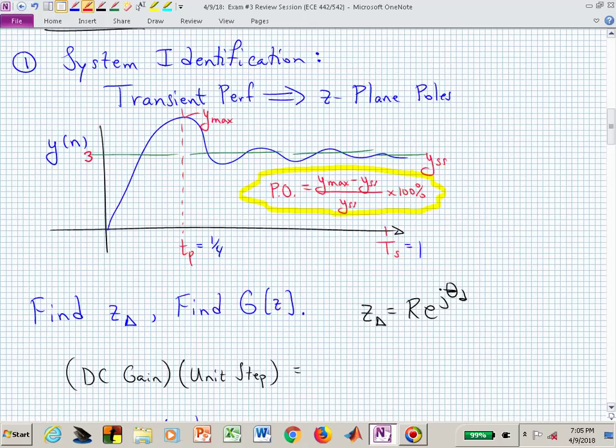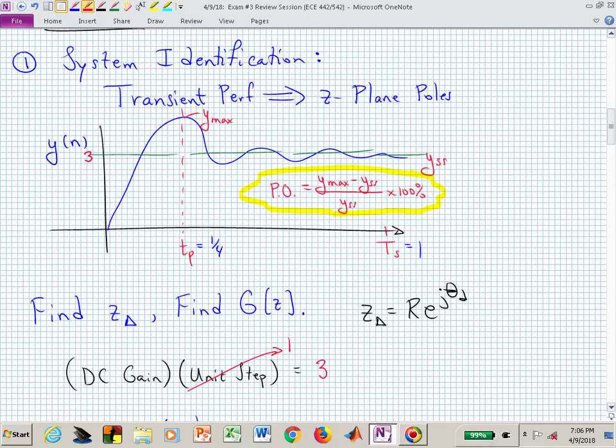We know the DC gain times the unit step is the final value. What's the final value in this example? 3. That was given, or you'd read that off. And what's the unit step's magnitude? Unit. So there it's 1.